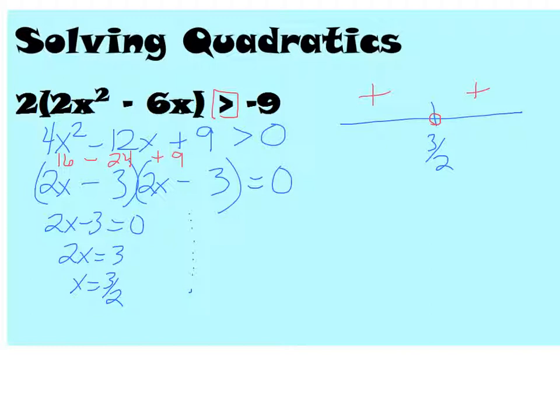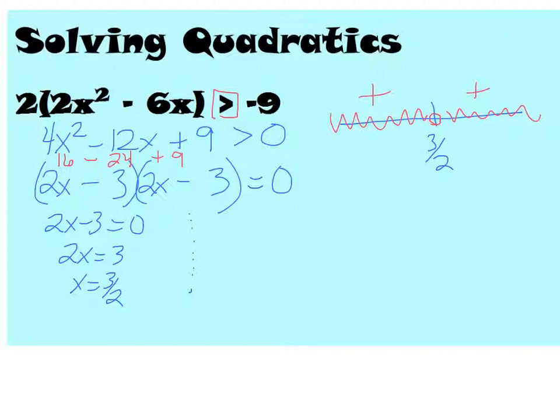Okay, so what that kind of means is that if I were to have plugged 3 halves in right here and here and did all this math, it would have ended up equaling -9, and it's not really allowed to equal -9. So I thought it was going to be all real numbers because it was a plus and a plus, but it's not quite all real numbers. It's everything here and it's everything here, but it's not 3 halves.